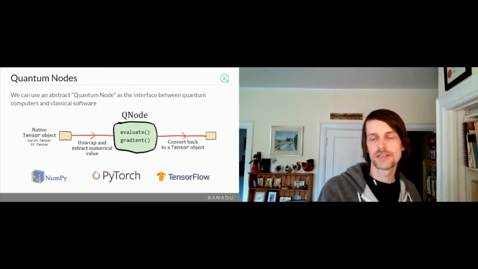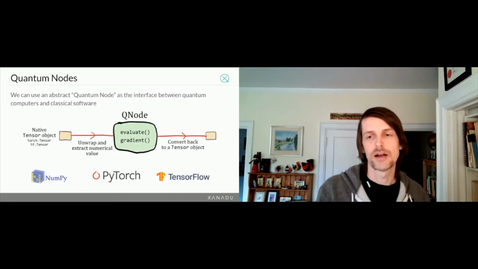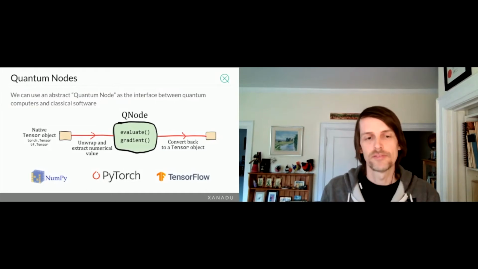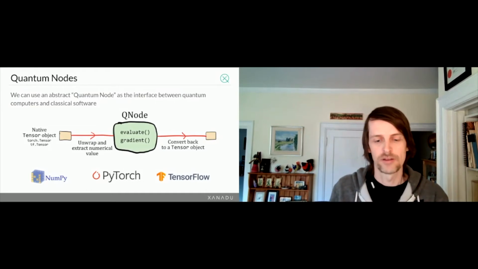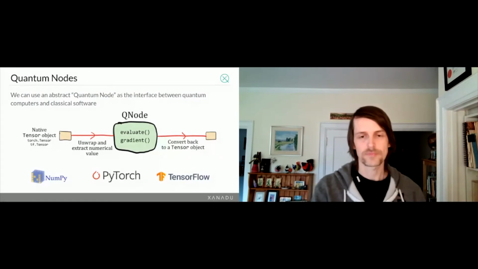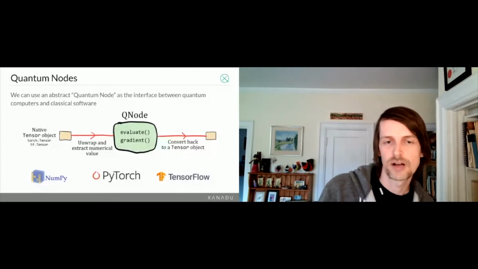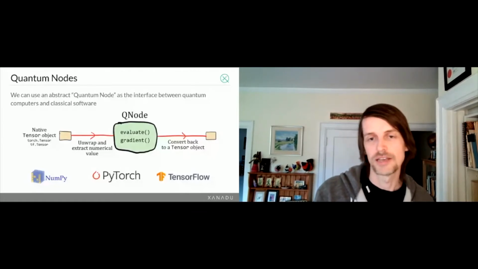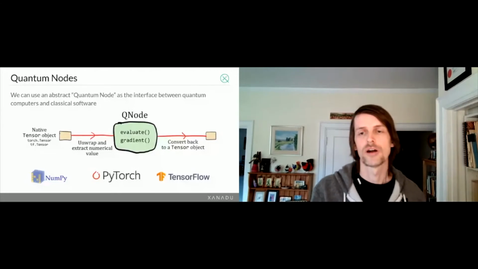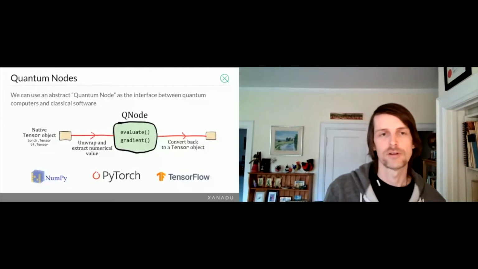That average value is then taken back, rewrapped into this tensor object, and sent further down that computational graph in, for instance, TensorFlow or PyTorch. So that's how it works: just like you might have data that is sent to a GPU for computation, you can also take data and send it to a quantum computer for computation, and then it gets returned back to the overall model.